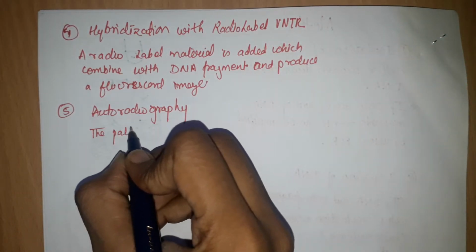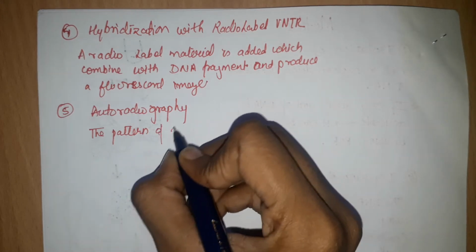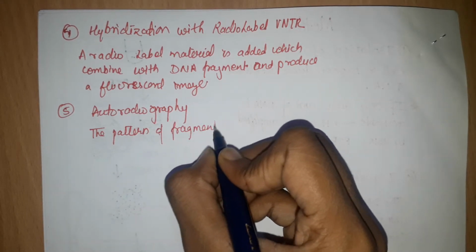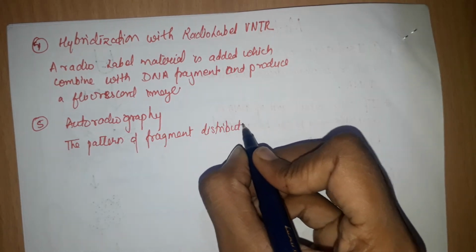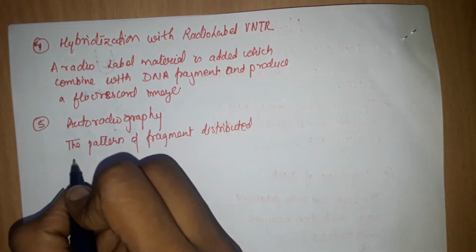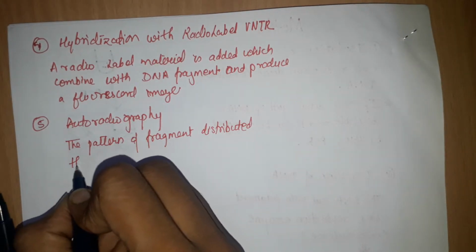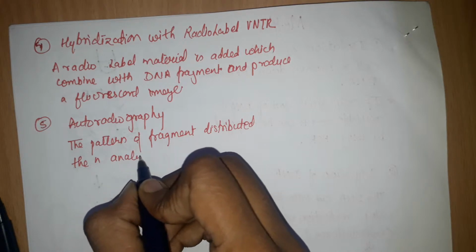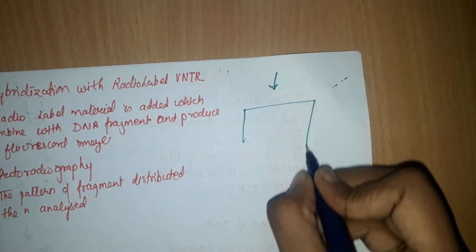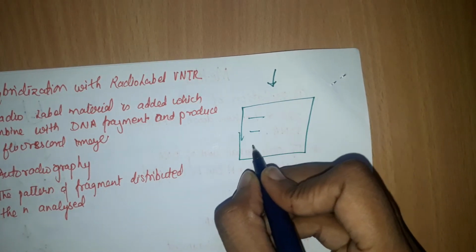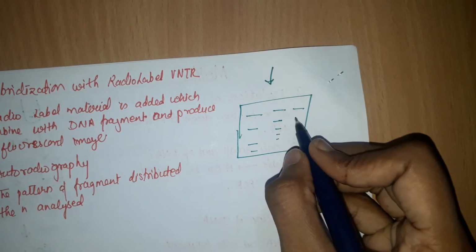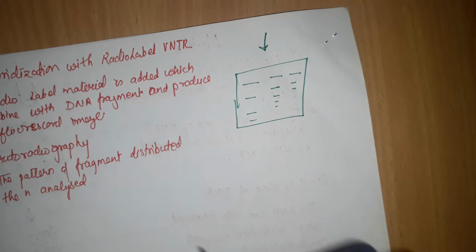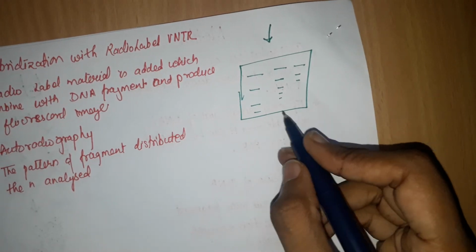The pattern of fragments which we are getting is distributed and it is then analyzed. We will get this type of pattern, and we have to then analyze this.